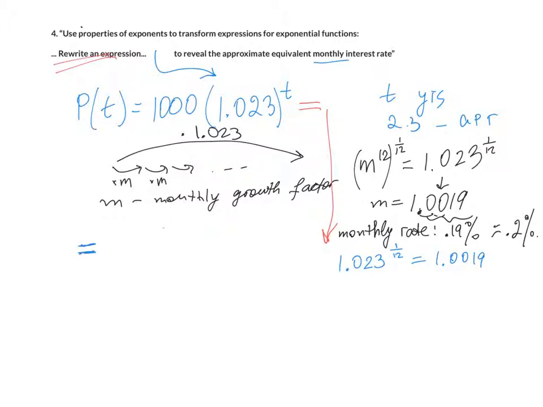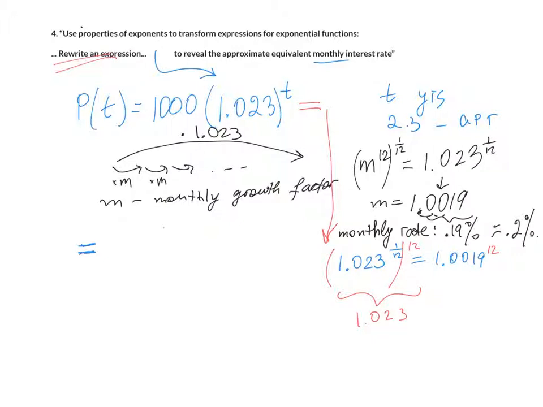Okay, so look at that result that we just got. I wrote 1.023 raised to the 1/12th power is equal to the monthly growth factor. So if I am raising all of this to the 12th power, then I'm going to get 1.023.